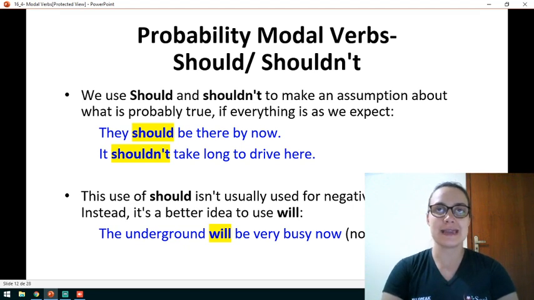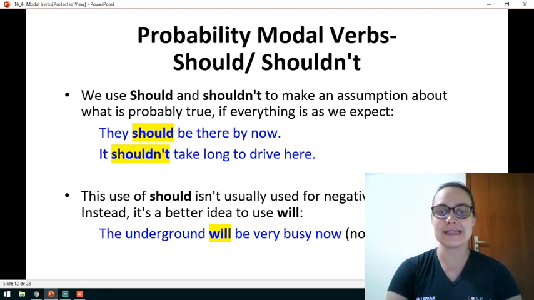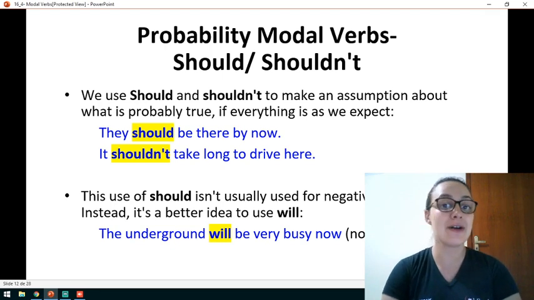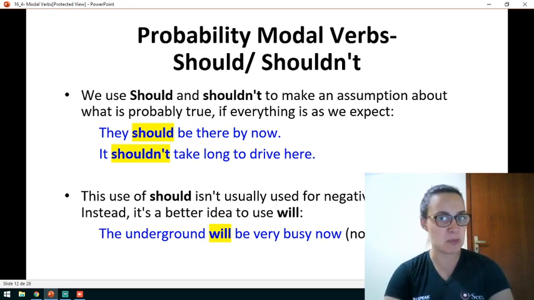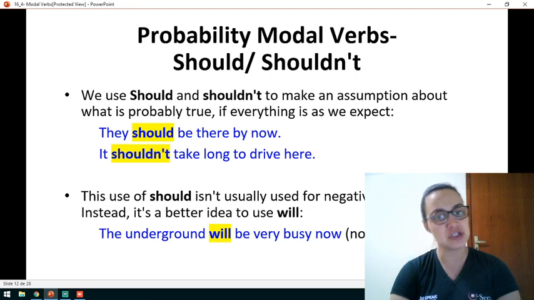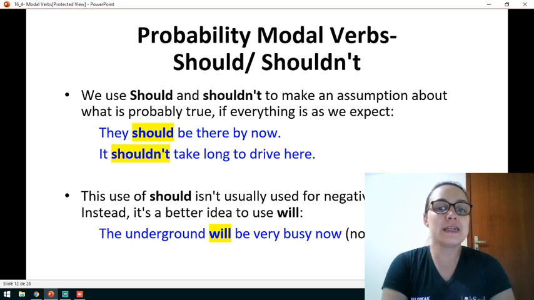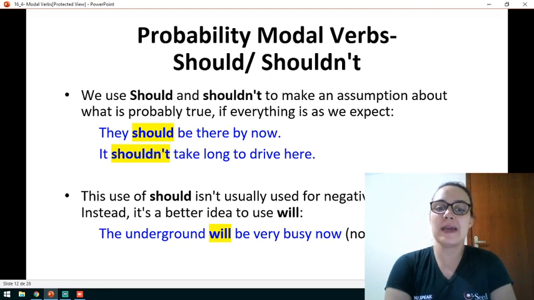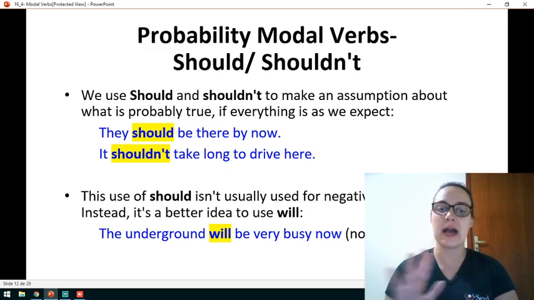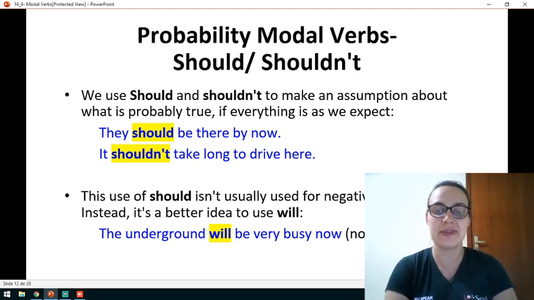Let's say that they left the house at 8 o'clock and it takes a half hour to get there. And it's now 9 o'clock. So they should be there by now. If they didn't have any problems, any traffic, they should be there by now. Or I can say it shouldn't take long to drive here. So based on the traffic, I think it shouldn't take long to drive there.